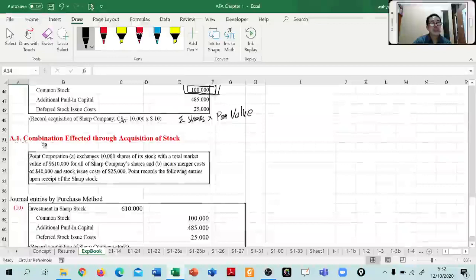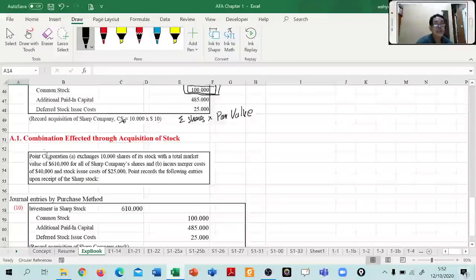Combination effected through acquisition of stock. The question: Point Corporation exchanges 10,000 shares of its stock with a total market value of 610,000 for all of the shares of the company, and B incurs merger costs of 40,000 and stock issue costs of 25,000.